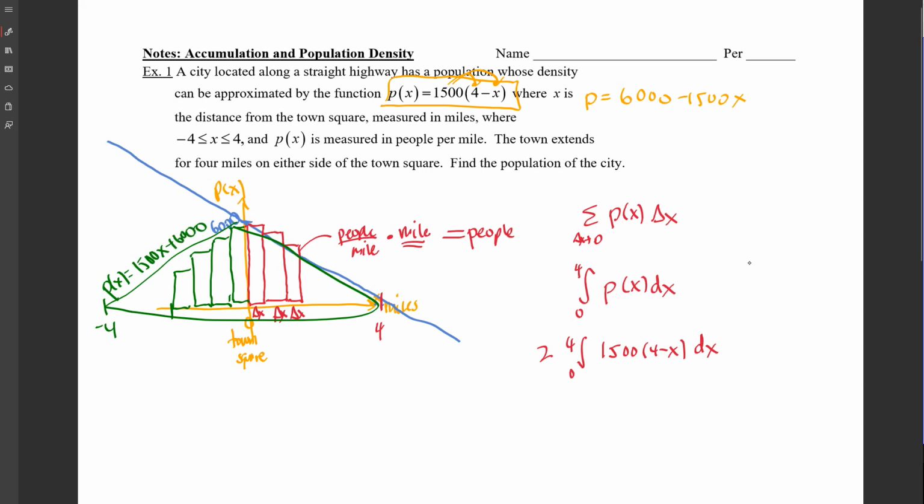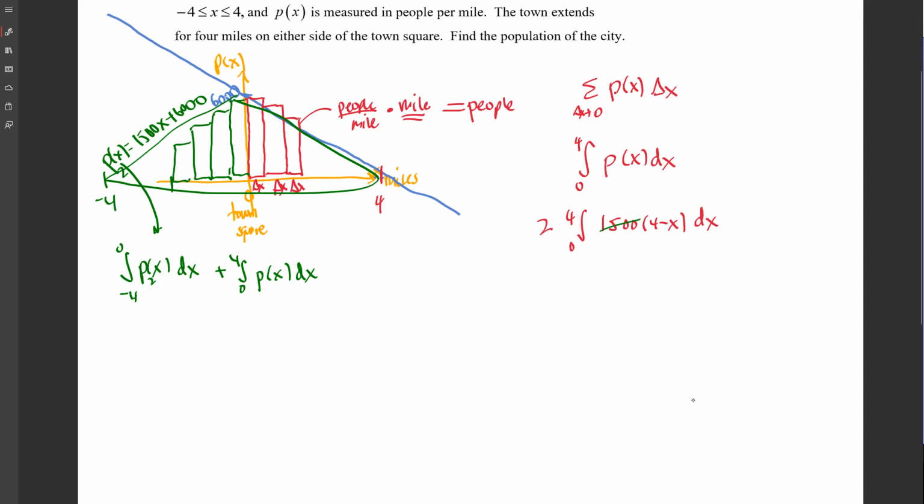And so this would be the integral of this green p(x), which is a different function, I'll call it p2(x), times delta x from negative 4 to 0, plus the integral from 0 to 4 of your original p(x) dx. But that's a lot of work because you have to change the function to get this positive slope function. It's a lot easier just to multiply the right side by 2. Let's go ahead and multiply this right side by 2.